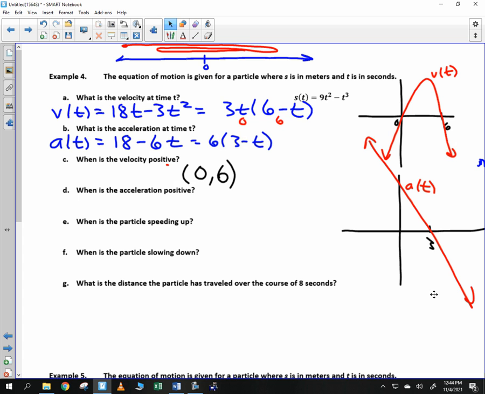That's wherever the graph is above the x-axis, and that'll be from negative infinity to 3, right? Only in context of this problem, what does t represent? Time. Do we talk about negative time? We don't. So we won't refer to negative time, so that will not be part of our answers. We'll just say 0 to 3, okay? From 0 to 3.